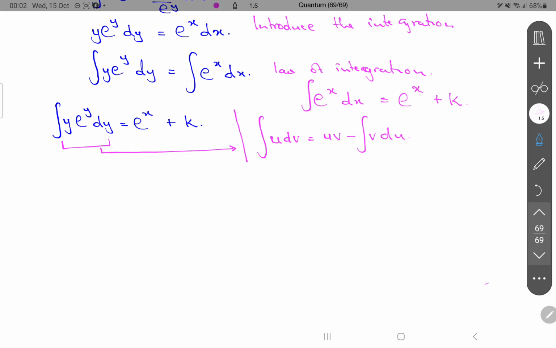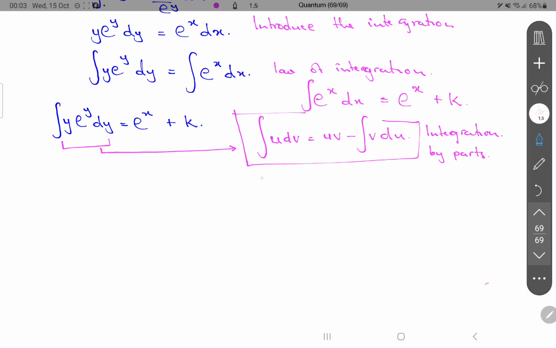So this is the general rule by parts. So we do integration by parts.